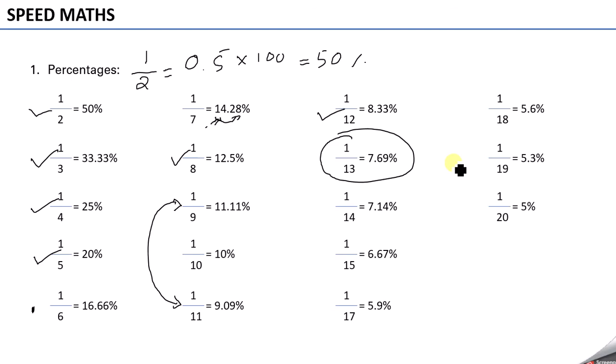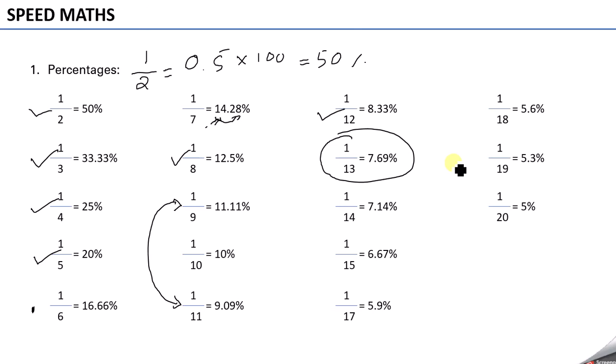I don't have any specific key point to how to remember this, but if there is anything, please drop it in the comments so that it is helpful for others as well as for me. But in case you don't find anything, you just have to remember 1 by 13 as 7.69. This is the only term where you will have to remember. Rest all we have some other method of remembering. So 1 by 13 is 7.69.